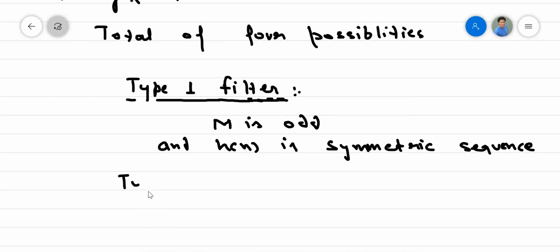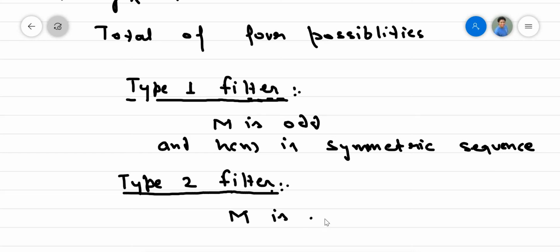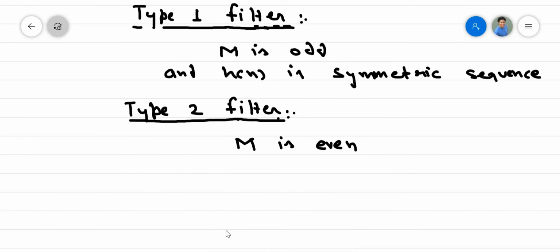Next is type 2 filter. In this case, M is even and h(n) is a symmetric sequence.